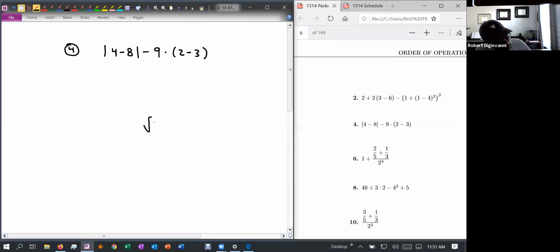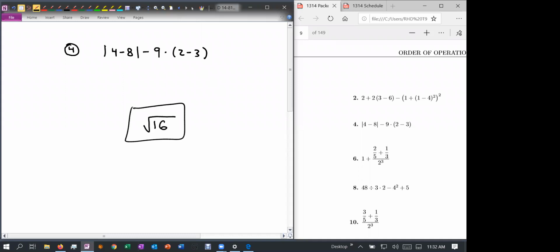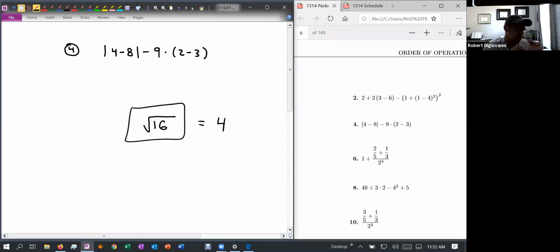When you're asked to find the square root of 16, imagine that I'm asking you this question: what number times itself is 16? 4. So your answer is going to be 4. The symbol itself means you need to figure out what that number is. But once you figure out that number, you're no longer asking the question anymore. So the answer is just the answer.